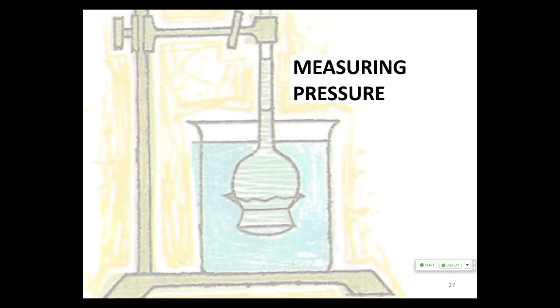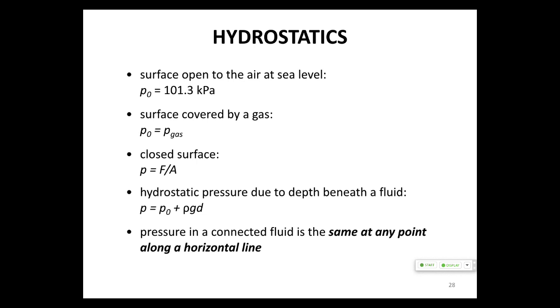I'm proud of it. All right, measuring pressure. For hydrostatics, any surface open to the air at sea level has this. What is this? 1 atmosphere. This is atmospheric pressure. It just happens to be in pascals, and we like pascals in physics.